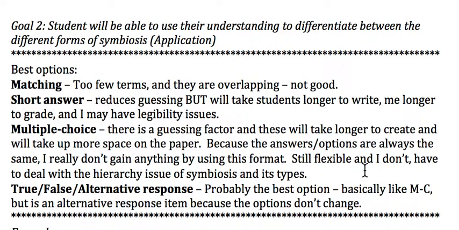Multiple choice, I could do it this way again, but depending on how I organize it, it's going to take up more space, and so I might go with something that is just more like true-false alternative response, which is really just multiple choice, except the options don't change from question to question. In multiple choice, the options change typically from question to question.